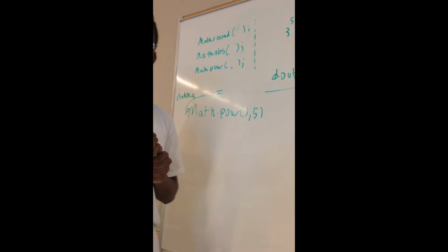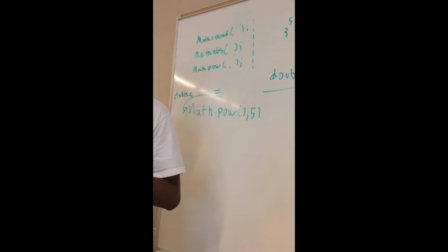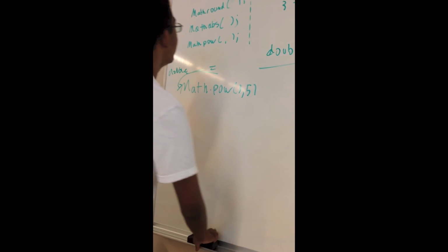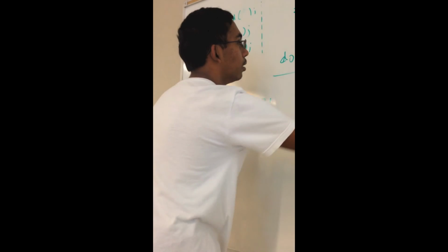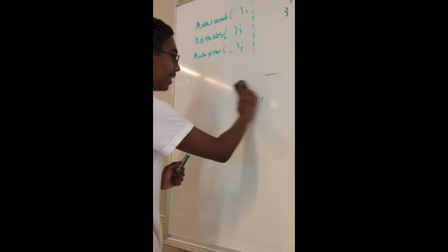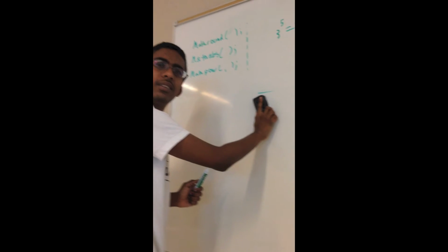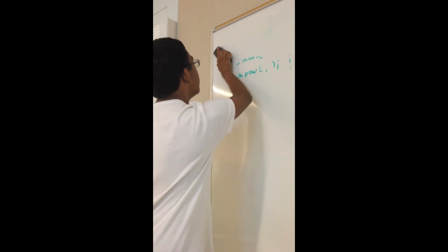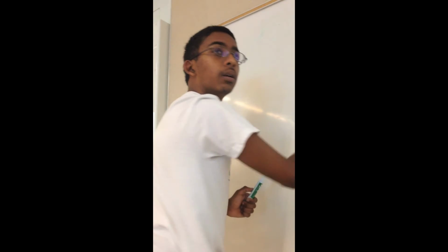A double is a decimal. An int is an integer, a double is a decimal. Actually, it's a little bit different. It's called a double because it has double precision; it uses 2 bytes.